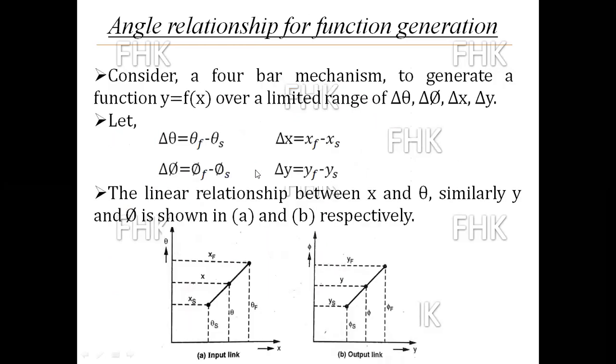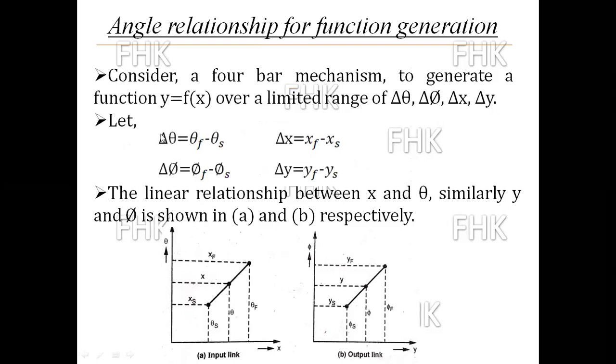Okay. Now come to the next point. This four-bar mechanism is used to generate the function y is equal to f of x over the limited range of delta theta, delta phi, delta x, and delta y.